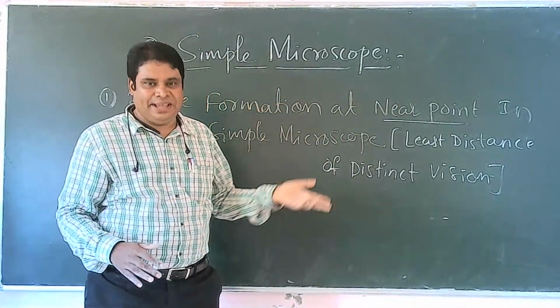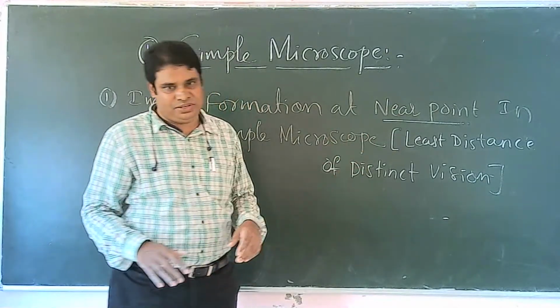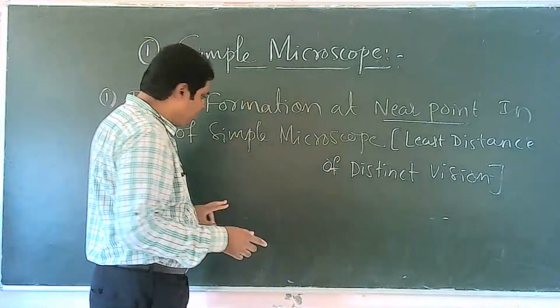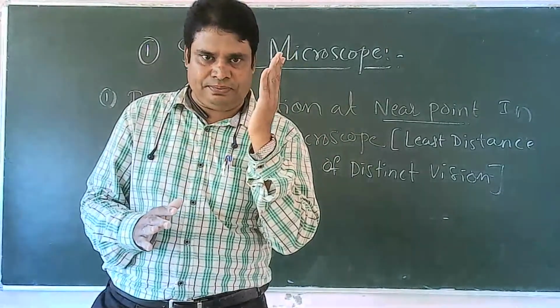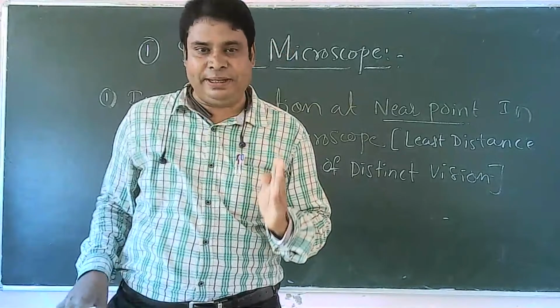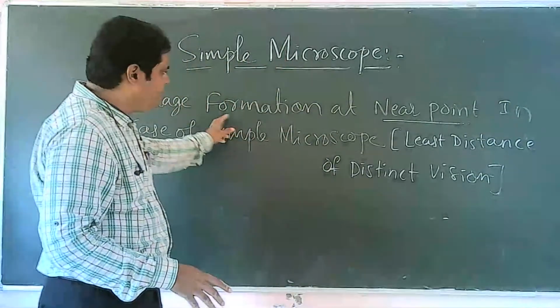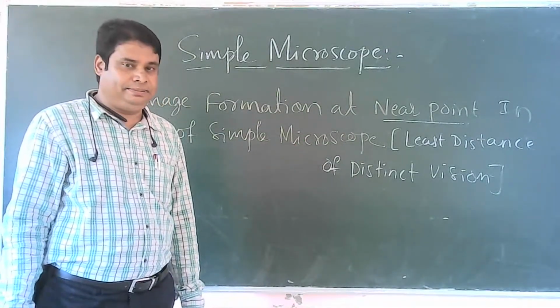Near point, or least distance of distinct vision. There is a second part also. You have to draw that also. If you place your object exactly at F, principal focus, then your image will be formed at infinity. That part is called when the image is placed at infinity.